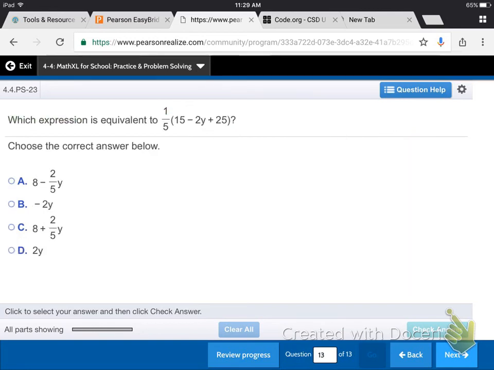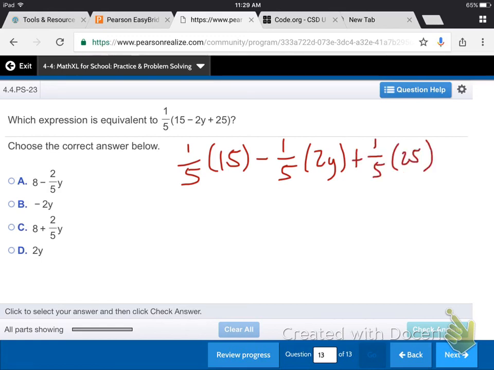Okay, boys and girls, one last problem. Let's do this very quickly. Let me shrink my pen size down. We have 1/5 times 15 minus 1/5 times 2y plus 1/5 times 25.